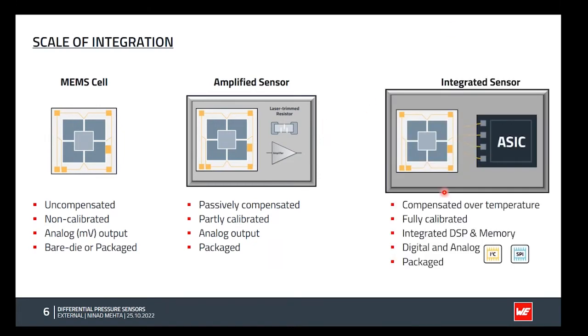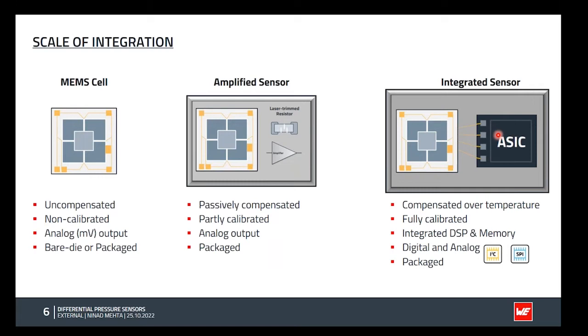And the third one is the integrated sensors. Now for all the calibration and compensation we have a dedicated IC on the board, which also has a signal processor and memory. So whenever we get a signal from the MEMS die, it is amplified, digitized with an ADC, and the values are stored in the memory.